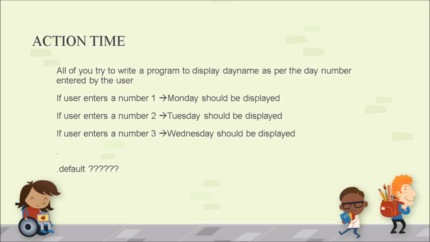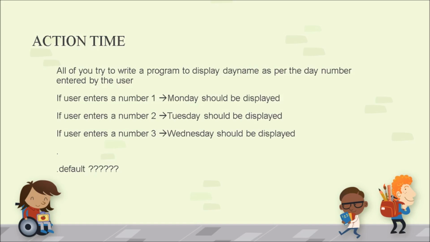So besides the 7 conditions, we have a default message or default clause, which is in the else section. In the else part, we must write the statements which get executed if not a single one of the conditions from 1 to 7 holds true.